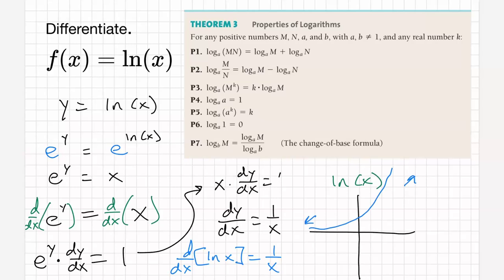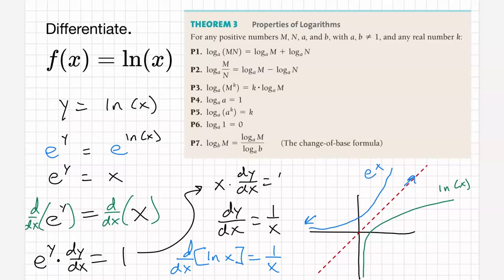Whenever we deal with inverses, they're reflections over y equals x. So if I take this same graph, it's going to look something like this. If this is me just doing a quick sketch of e to the x, then this new graph is a quick sketch of the natural log of x.